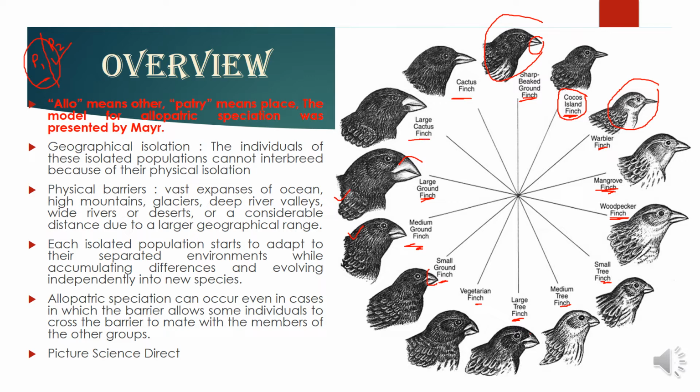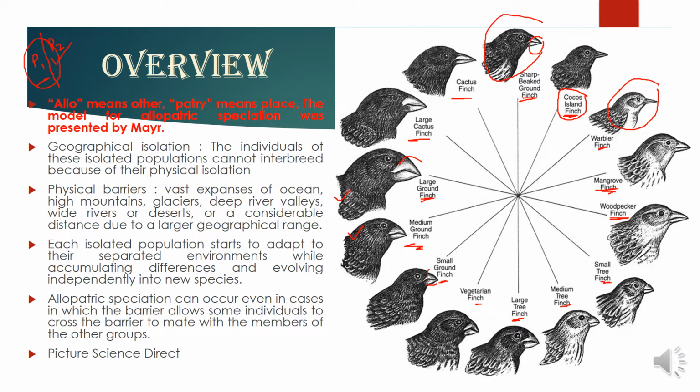Then we have the cactus finch, the small cactus finch and the large cactus finch. The small cactus finch feeds only on cactus, so it has a very sharp beak so that it can feed on the flower and fruit of the cactus and not get injured by the spines of the cactus.